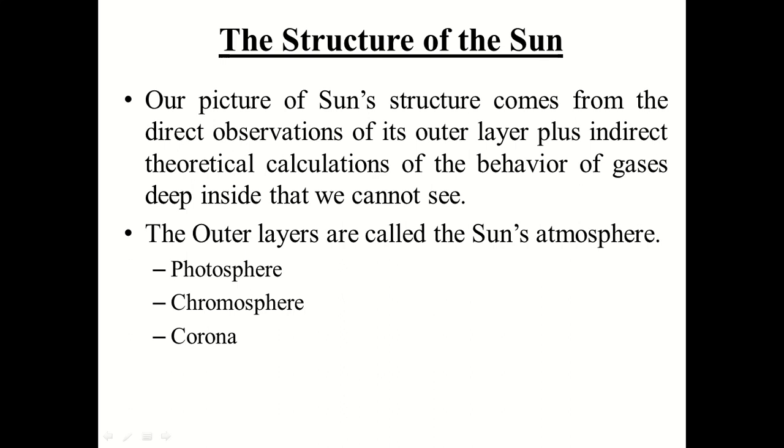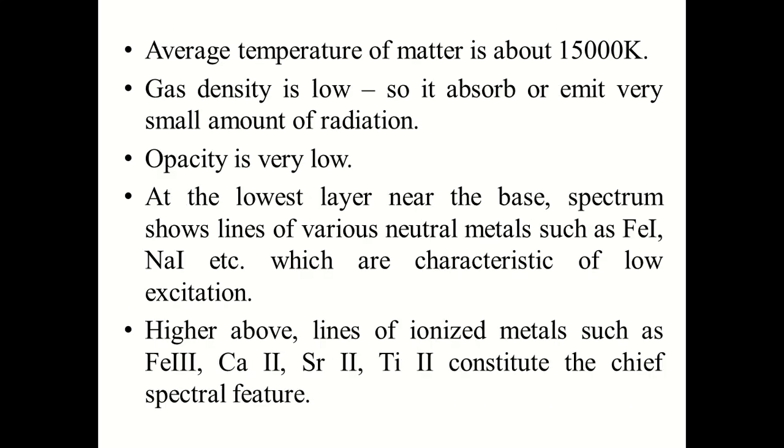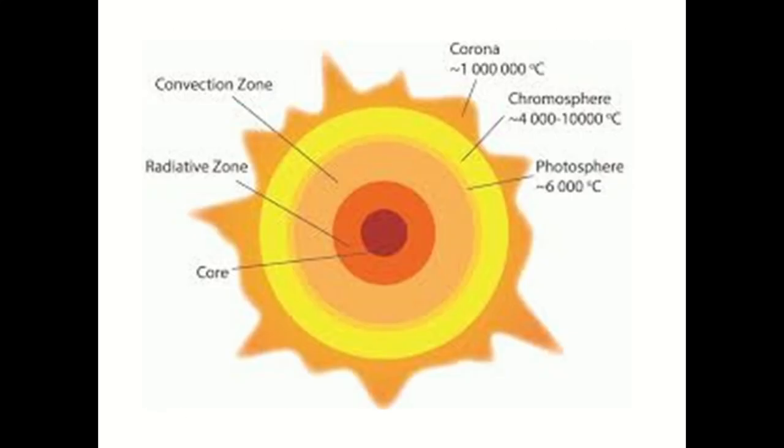What we know is that the sun has a structure like this. It has an inner core where the nuclear fusion reaction takes place, at a very high temperature. 16 million Kelvin is the temperature there.